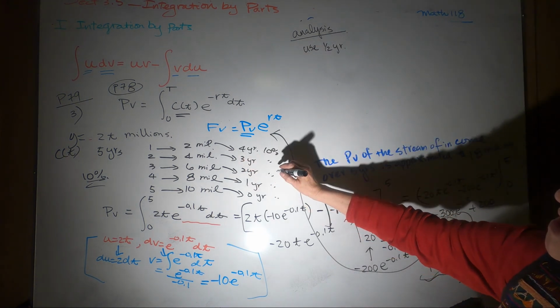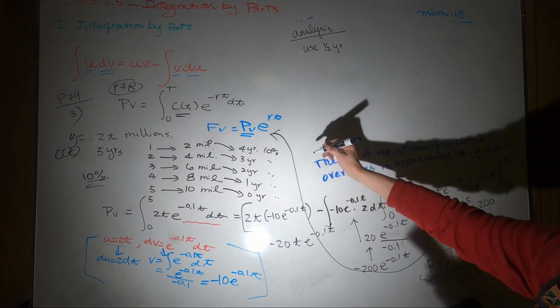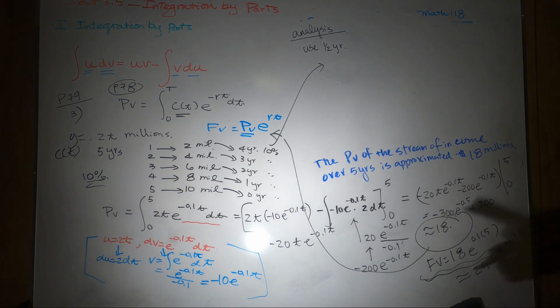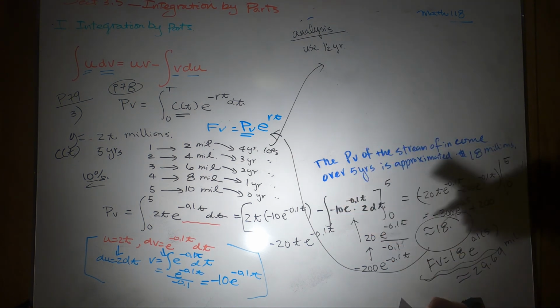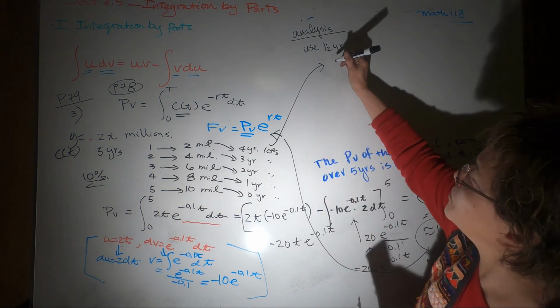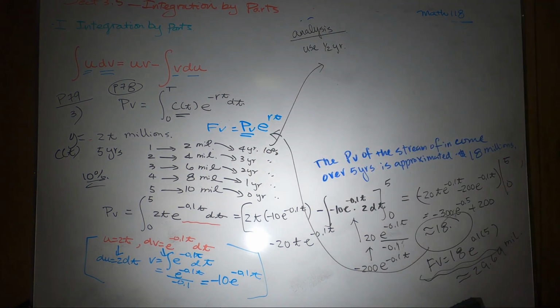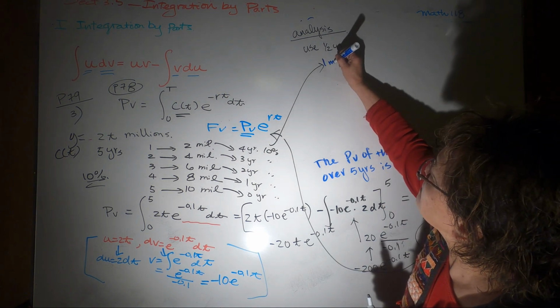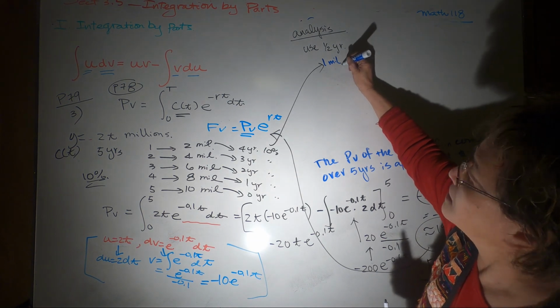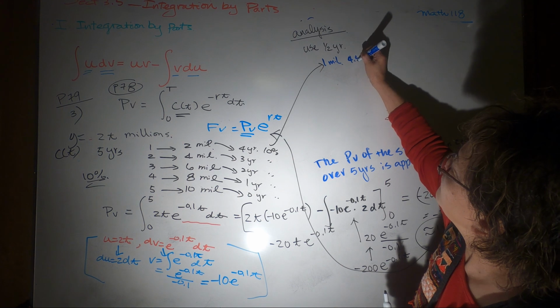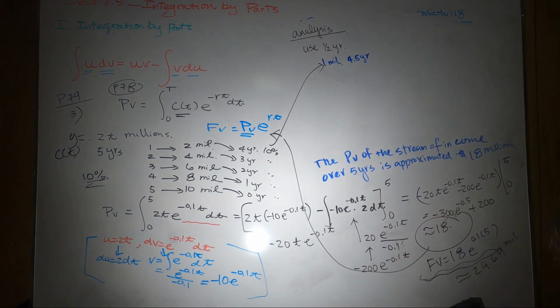Because it's a continuous stream of income, for the first 2 million, the average is 1 million, in between, at 4.5 years, right?